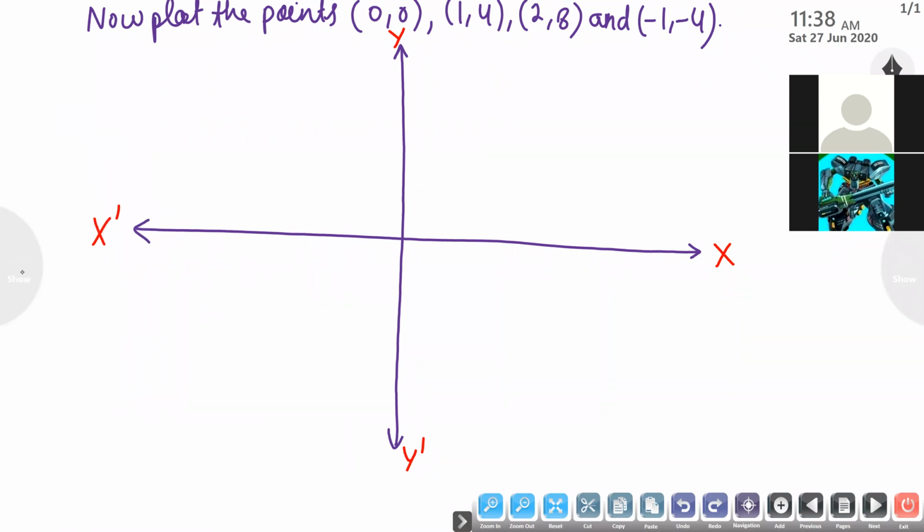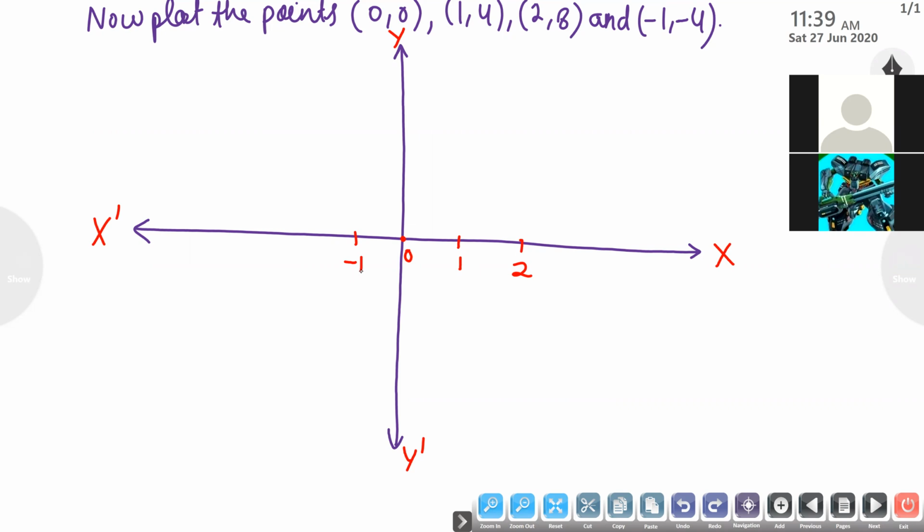Now, firstly, I want to check the highest value of plus x, which is 2. Then I will write here 0. This is 0, 1, 2. Next, the highest value of minus x, minus 1.